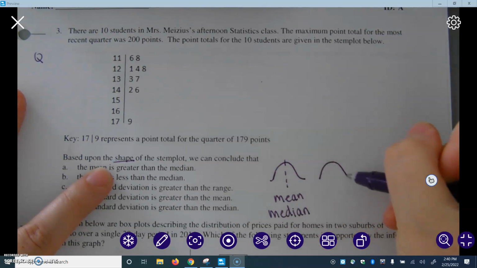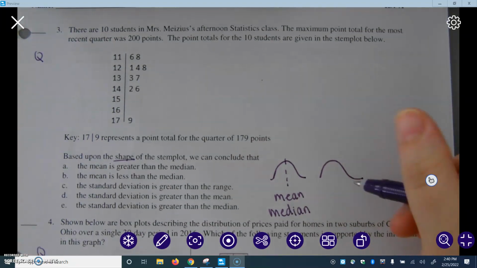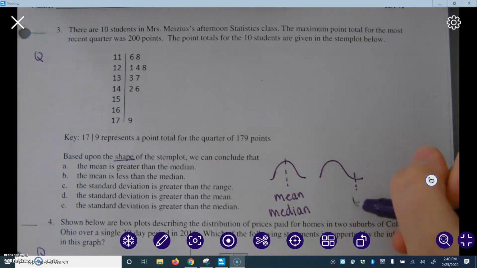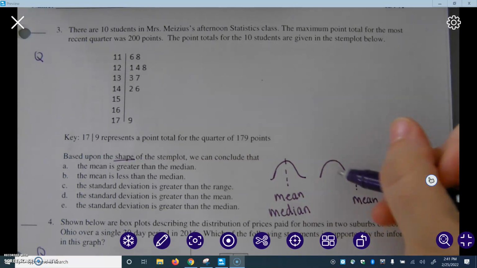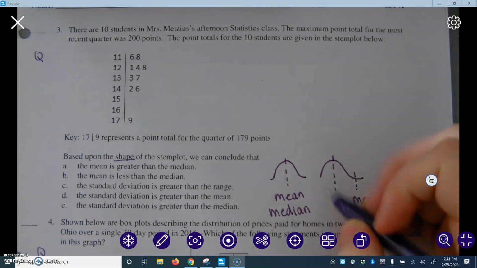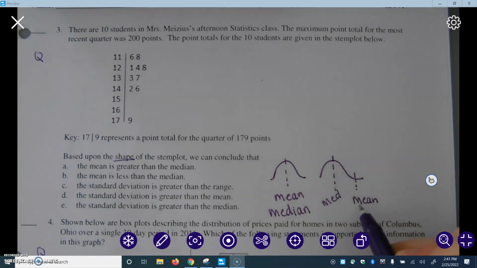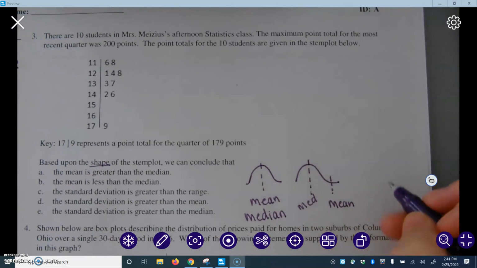When your data is skewed to the right, the mean is highly influenced by the outlier. So if an outlier is pulling your data to the right, your mean follows it. The median is always going to be centered where most of your data is. It's resistant to the outlier. So the median is going to be smaller than the mean when it's skewed to the right.